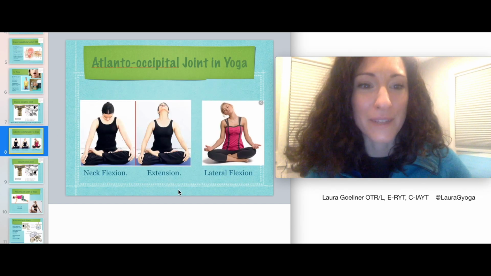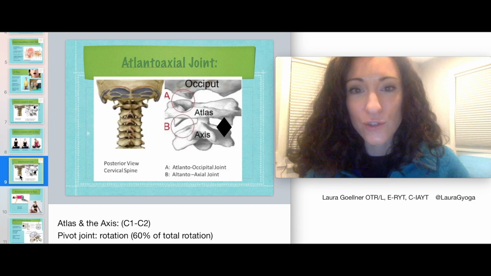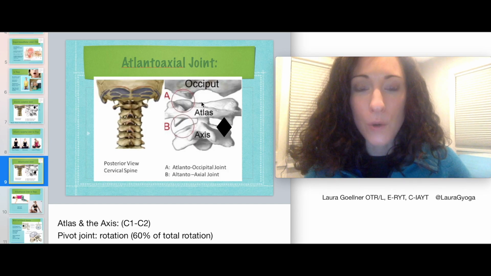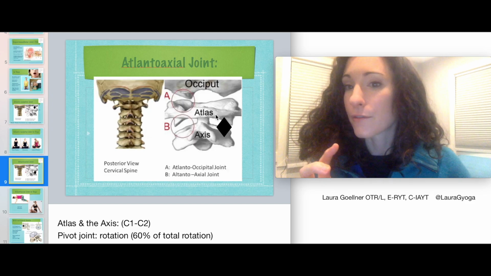And then here are our movements: neck flexion and extension, and neck lateral flexion. Then we get to the next joint down, the atlas and the axis. There's where that pointy part called the dens pokes up inside that big center ring of the atlas, and it allows a lot of cervical rotation.